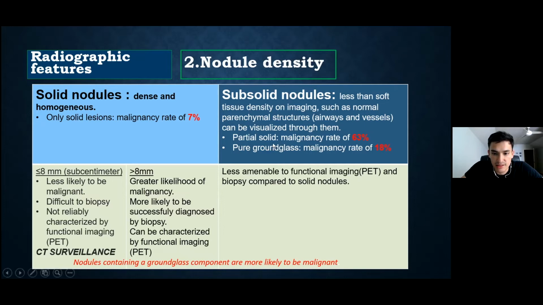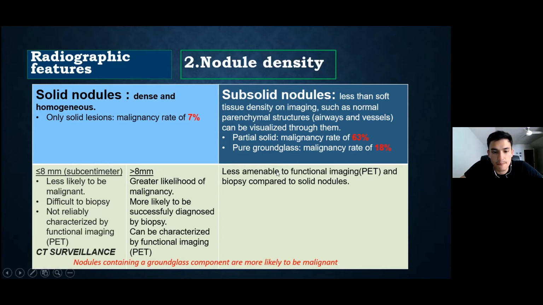So if you can see here, the partial solid have a malignancy rate of 63%, followed by pure ground glass that have a malignancy rate of 18%, and solid nodules that have a malignancy rate of 7%.